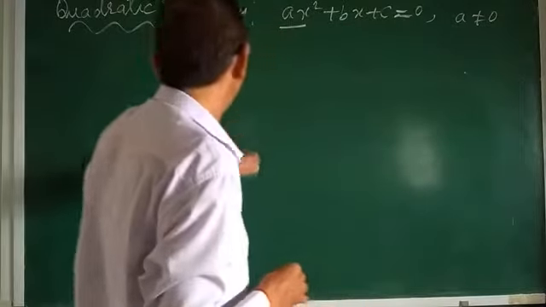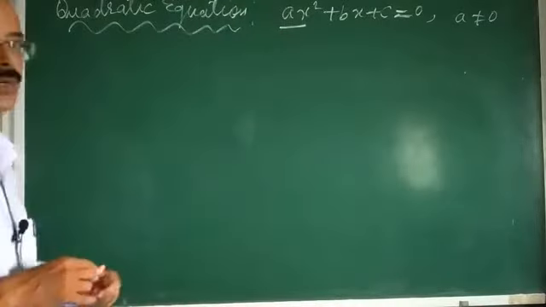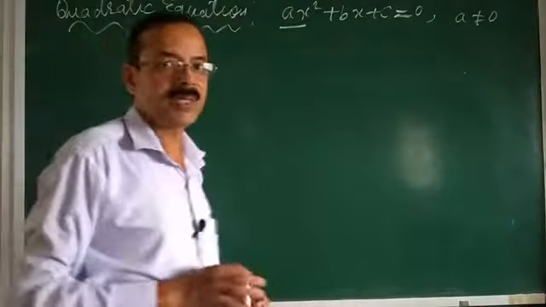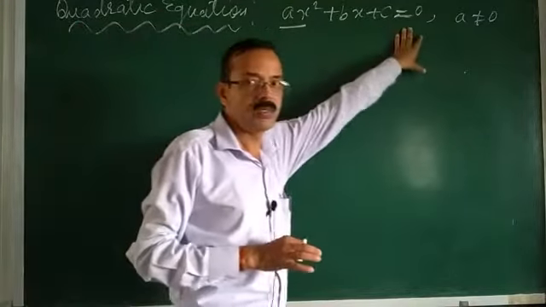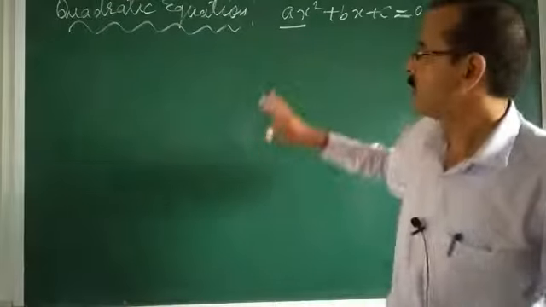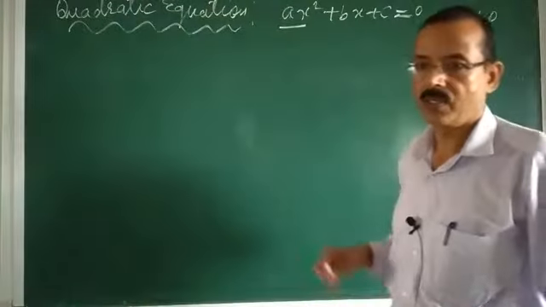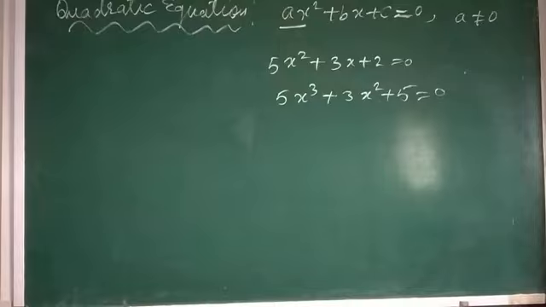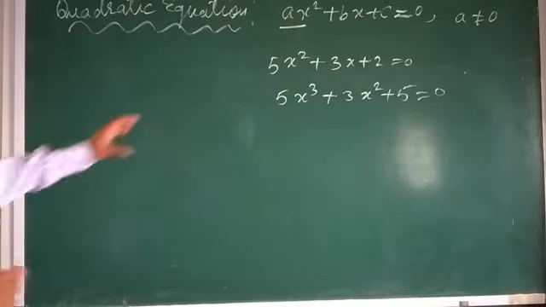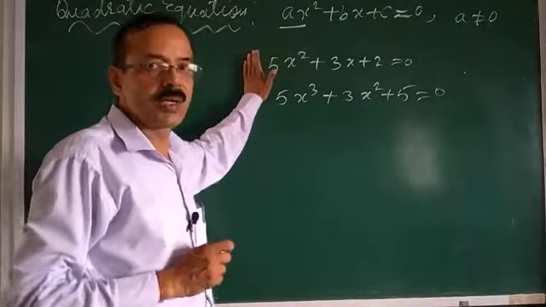So today we have to discuss specially the quadratic equation. So what is a quadratic equation? An algebraic expression written in the form of ax square plus bx plus c is equal to 0 is called a quadratic equation. Now I want to discuss some more things related to this. Among these two equations, which is the quadratic equation?